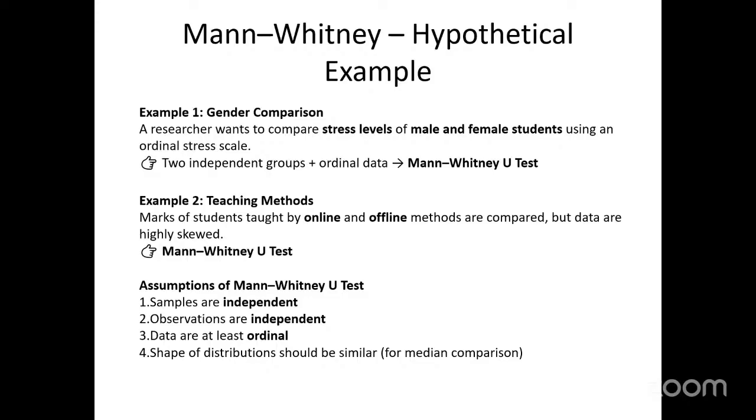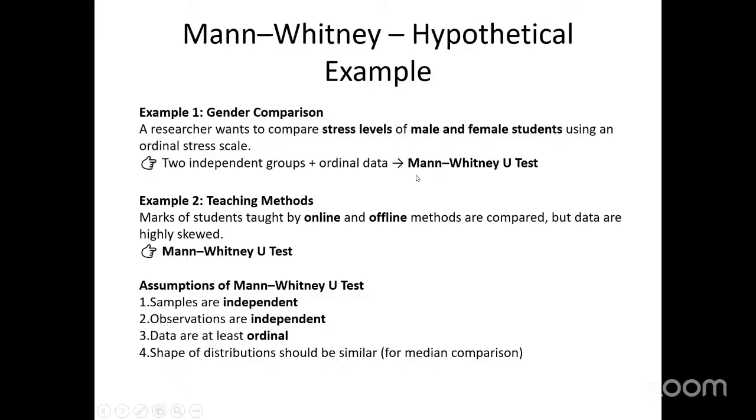But here, can you give some measure to compare stress level the way you compare BP level? No, right? So you have ordinal data here, some stress scale. That is the main point why we are using the Mann-Whitney test. The data is ordinal and non-normal. So, two independent groups plus ordinal data.